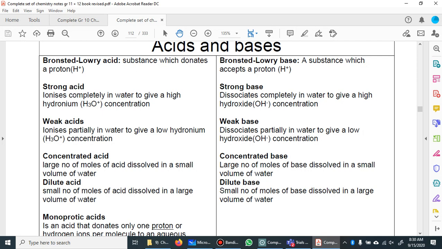So weak acids ionize partially in water to give a low hydronium concentration.